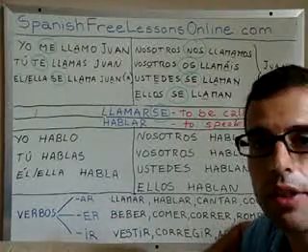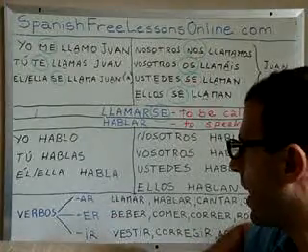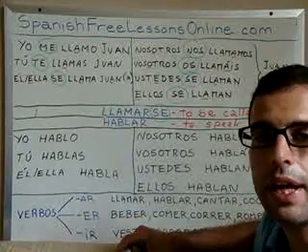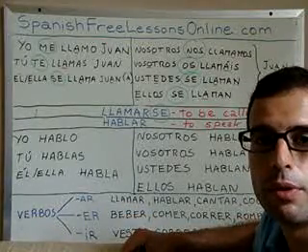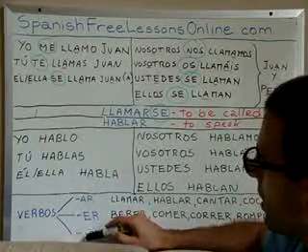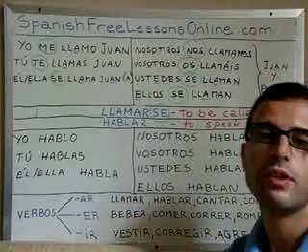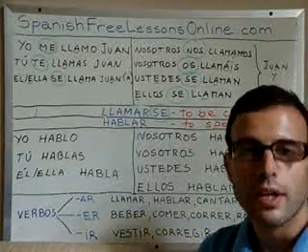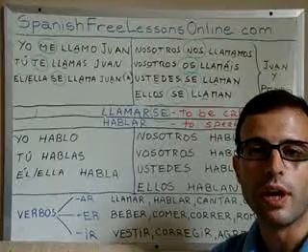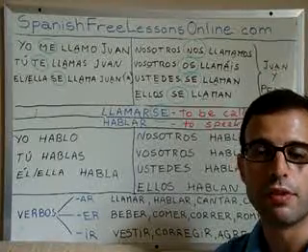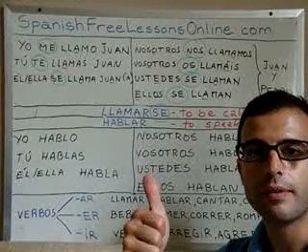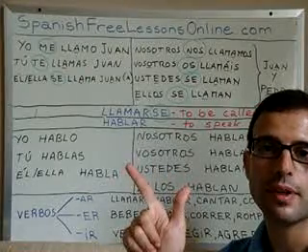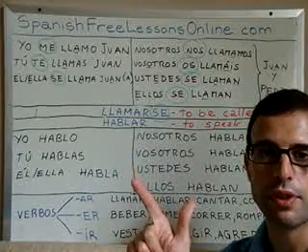We have another group of verbs that has an ending in er, and a third group of verbs which finish in ir. So, verbs can be classified according to how they end: verbs that finish with ar, verbs that finish with er, and verbs that finish with ir.